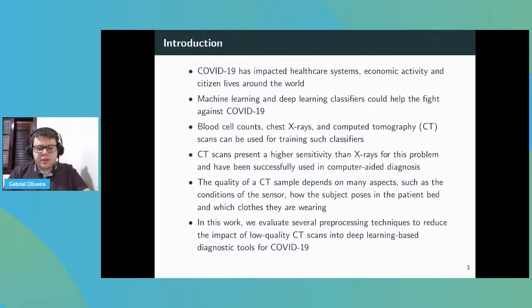For example, the different conditions of sensors of different machines, the positions in which patients are placed on the bed, and the clothes that the patients are wearing. So there are many differences in the CT scan images from different hospitals or machines. So in this work, we evaluate several preprocessing techniques to reduce the impact of low-quality CT scans using deep learning-based diagnostic tools for COVID-19.